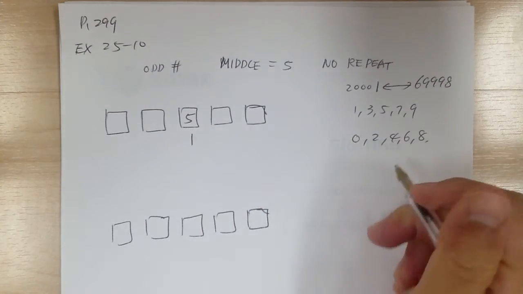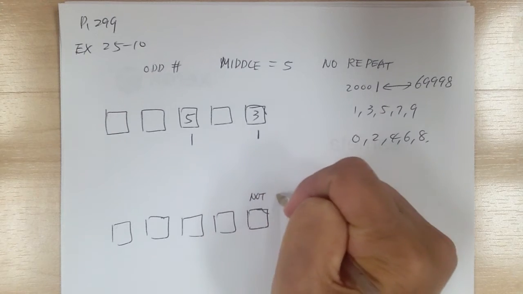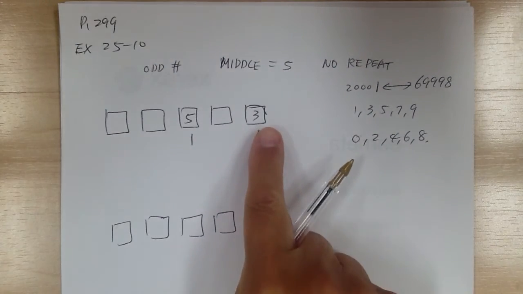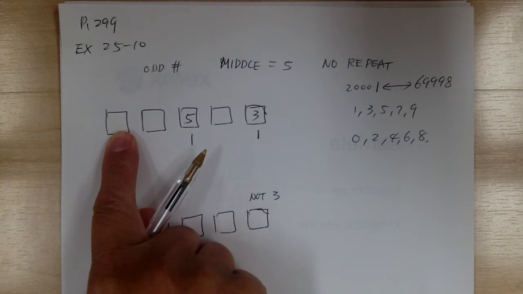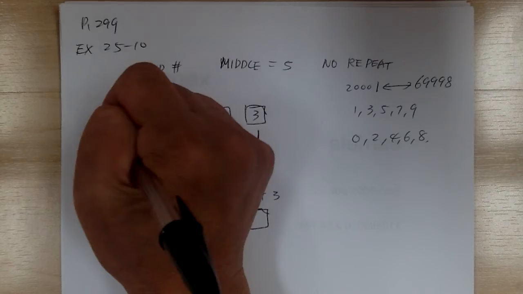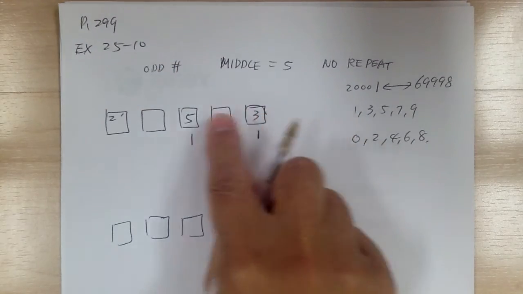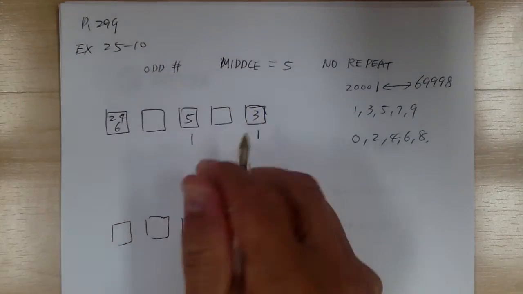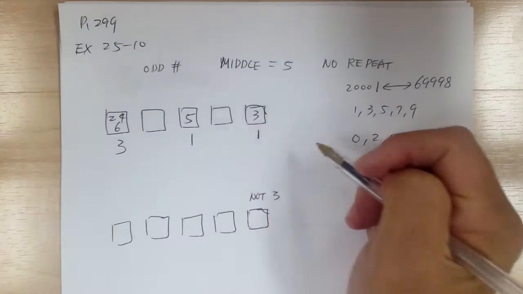If you put a 3 over here, there will be one choice, and this one will be not 3. If the 3 is over here, now this one can have 2, 4, 6, 7, or 8, since 3 and 5 are already taken. So these are 3 choices.